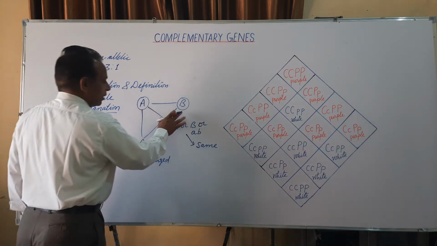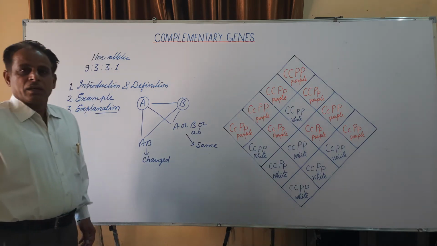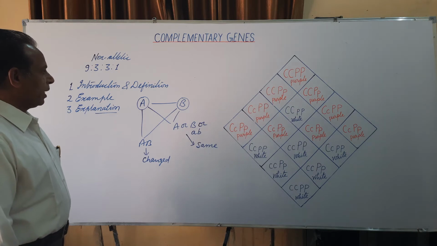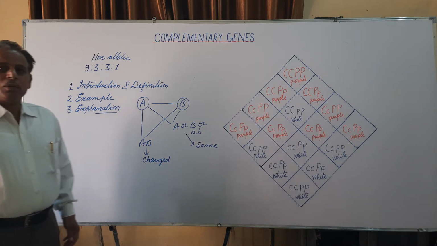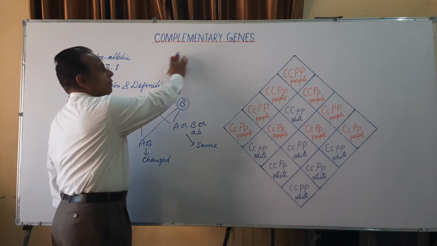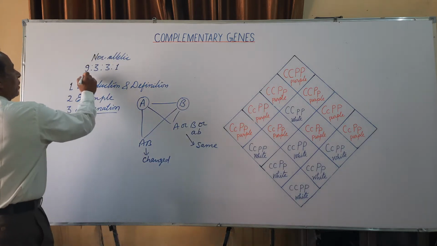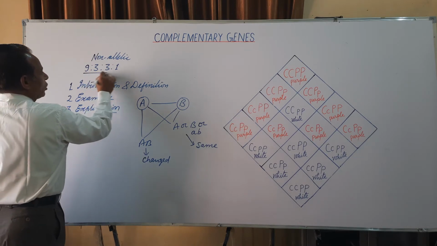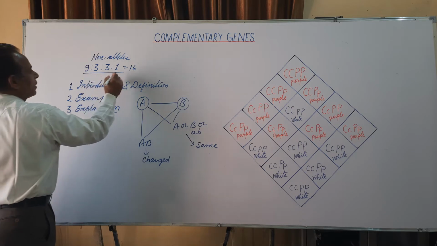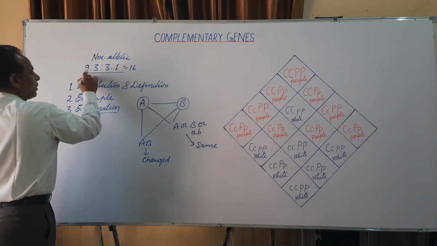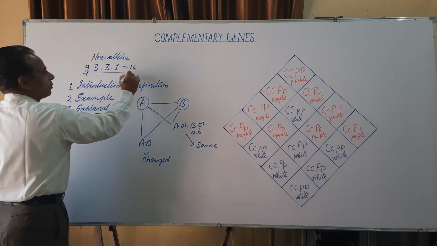From this discussion, we can estimate or calculate the phenotypic ratio in the F2 generation of complementary gene interaction by the Mendelian dihybrid ratio. In this ratio, the 9 represents the presence of both the dominant genes out of 16.